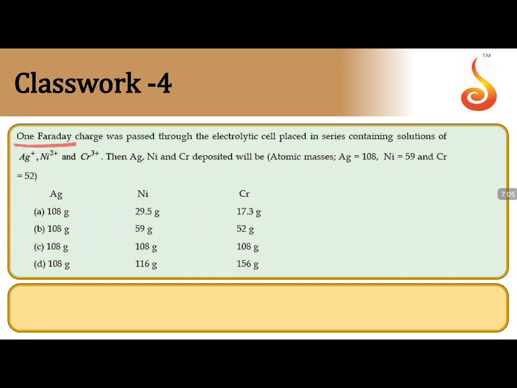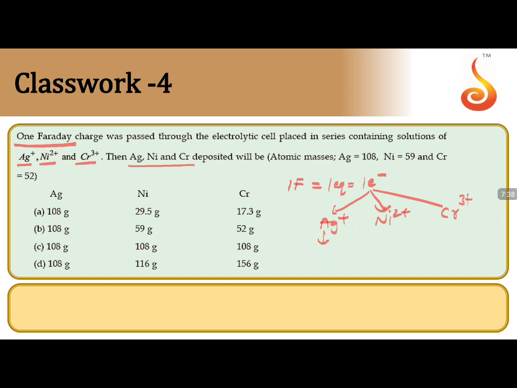1 Faraday charge was passed through electrolytic cells in series containing Ag plus, Ni2 plus, Cr3 plus. Then what is the amount of the substances deposited? 1 Faraday is equal to 1 equivalent, which is 1 mole of electrons. So if you get 1 mole of electrons, it is given to Ag plus, to Ni2 plus, and to Cr3 plus.